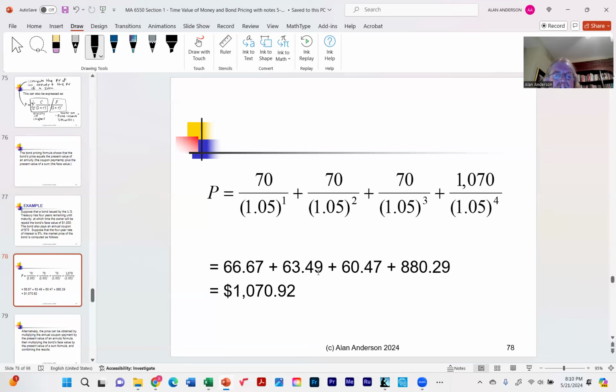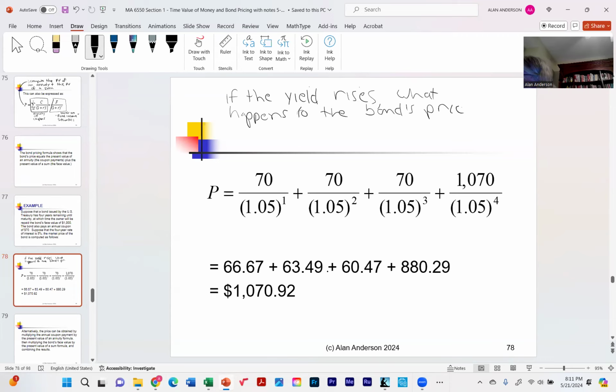Now, here's an interesting question. If the yield went up, well, algebraically, you can see that you're increasing all the denominators. The price has to fall.